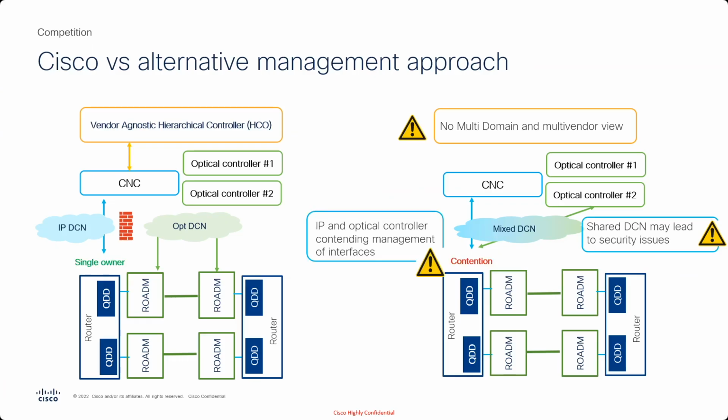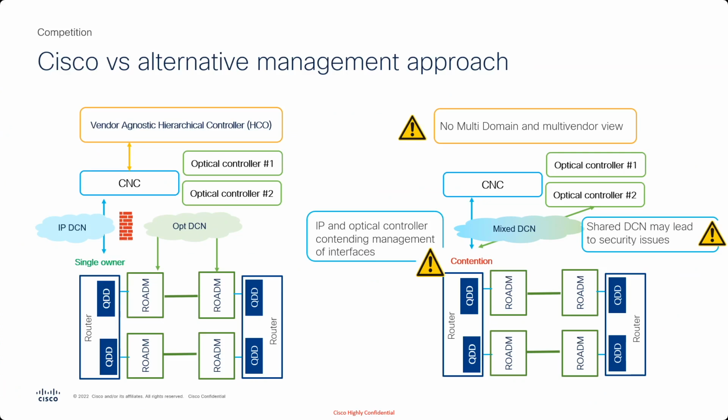Another point is the contention on the router. You may have many controllers talking to the same interface together with the IP controller. So there may be contention on the same physical object, and configuring the same object from different elements is not always a good idea.